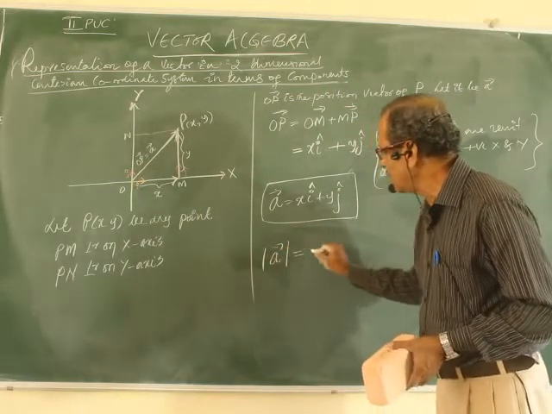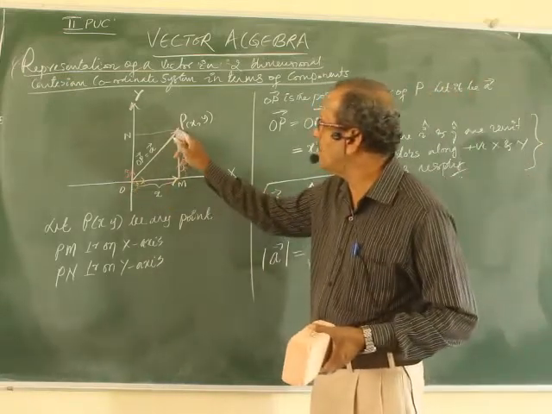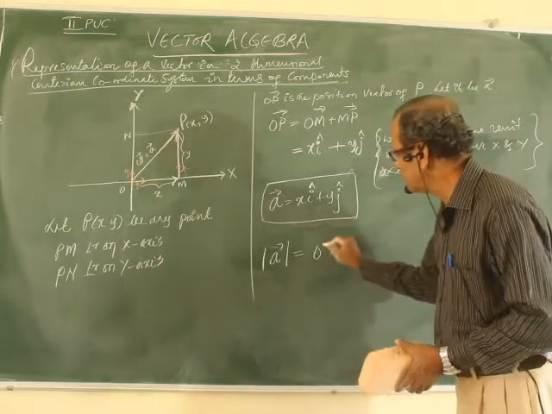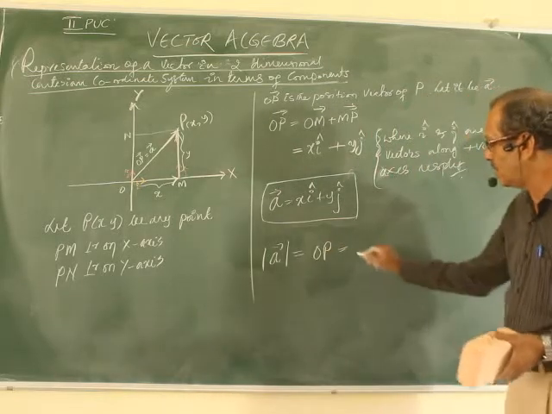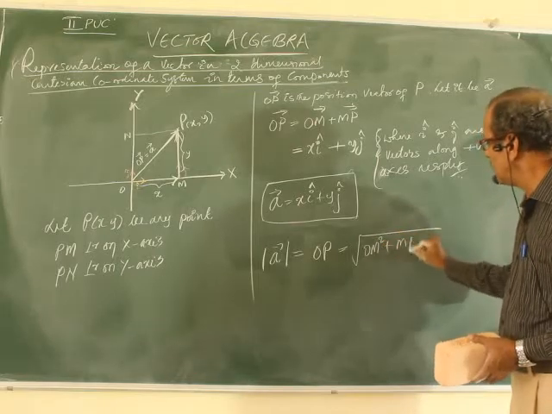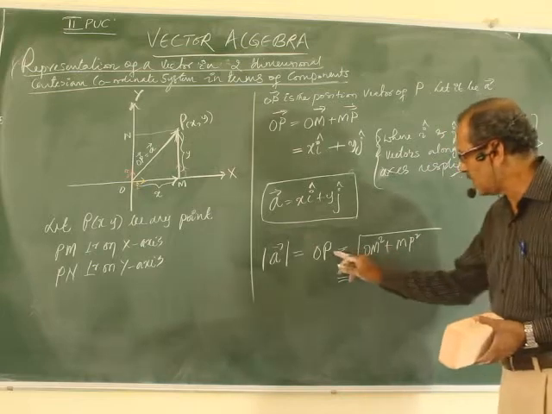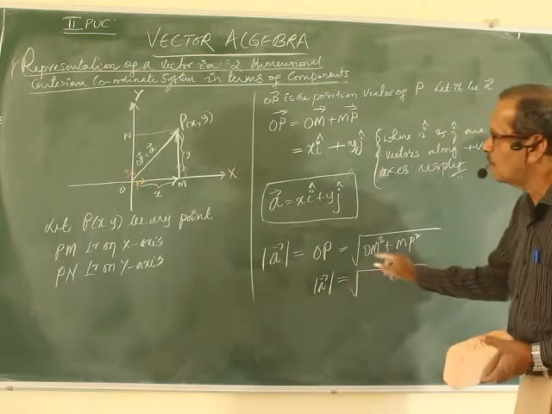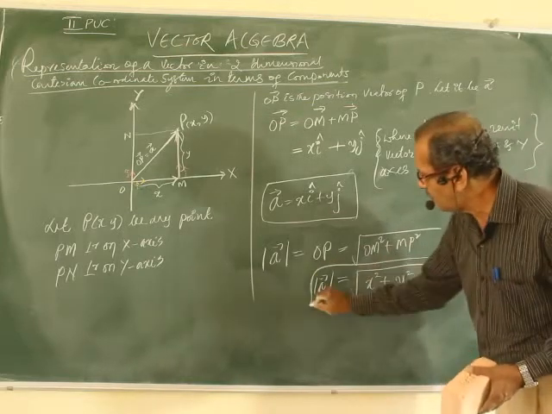Can you give me the magnitude of the vector? Magnitude of the vector is actually OP, Pythagoras theorem. Let me write that, OP equal to, magnitude means OP equal to root of OM square plus MP square. Magnitude, not a vector. Or it is mod A equal to root of x square plus y square.